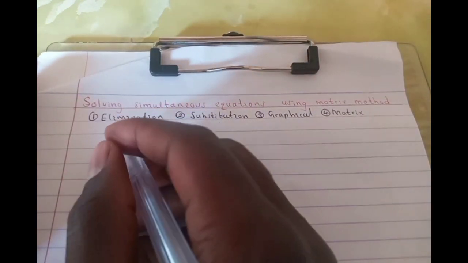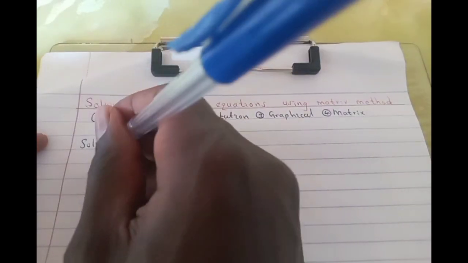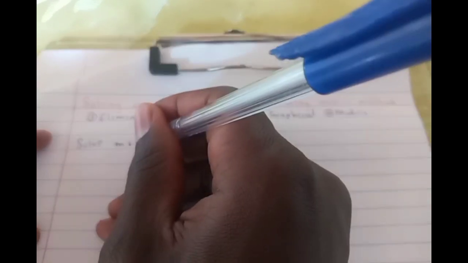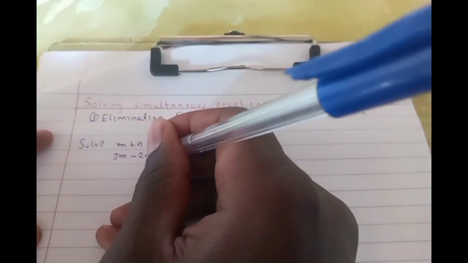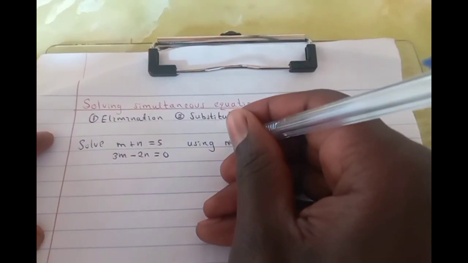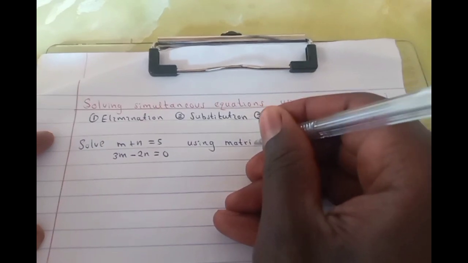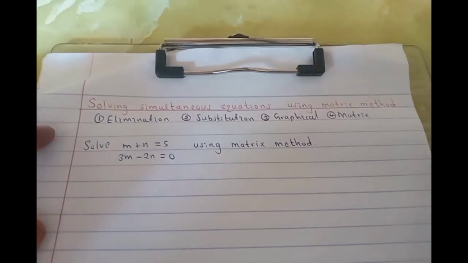So let us say we have been told to solve m plus n is equal to 5 and 3m minus 2n is equal to 0 using the matrix method.